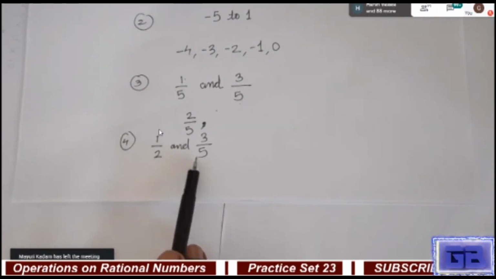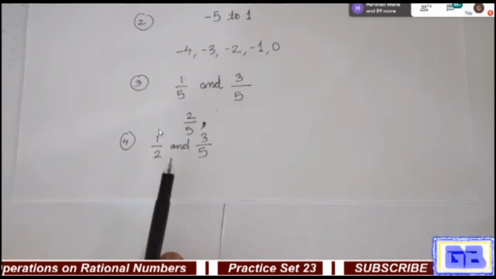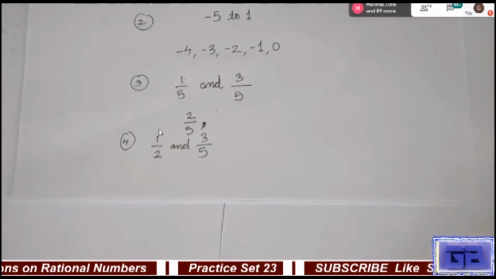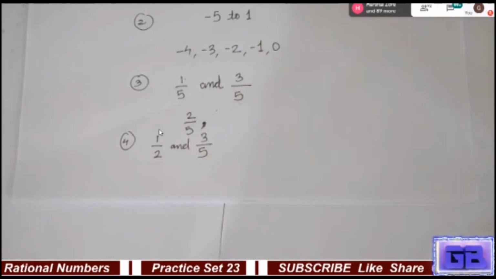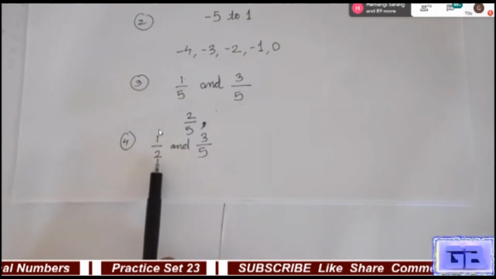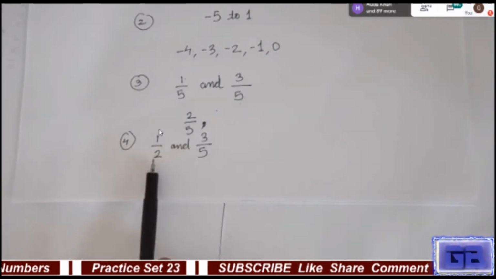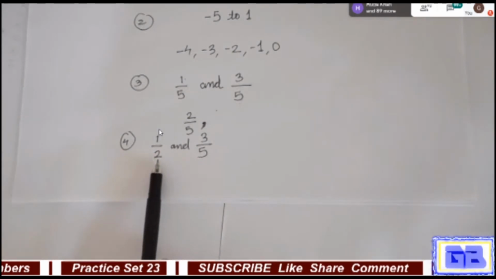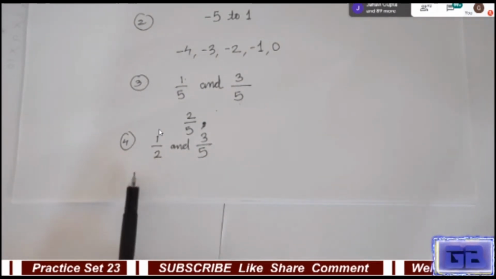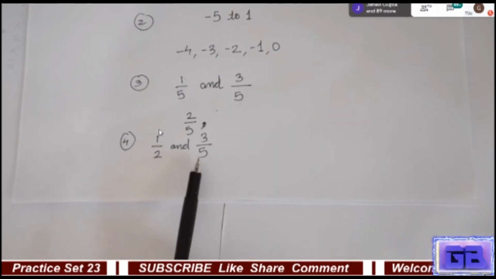We cannot say directly which rational numbers come in between these two. To find this answer, first we have to convert these rational numbers into fractions with equal denominators, and we know how to make the denominators equal.